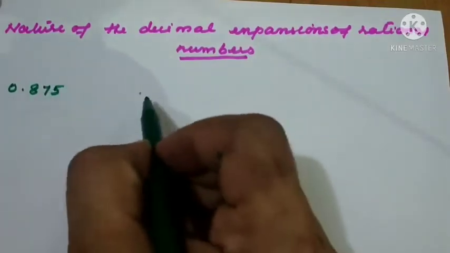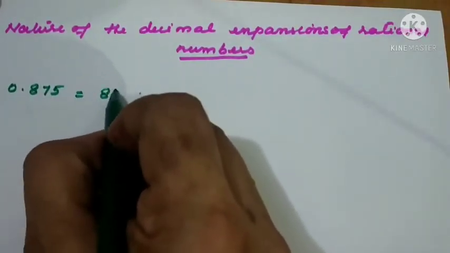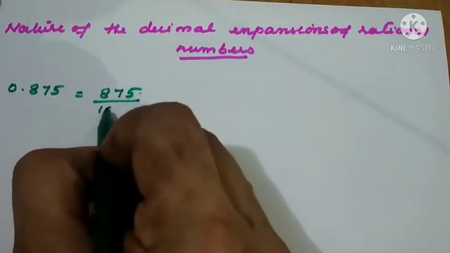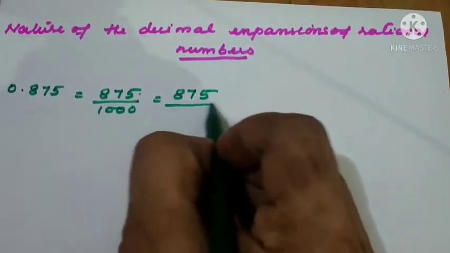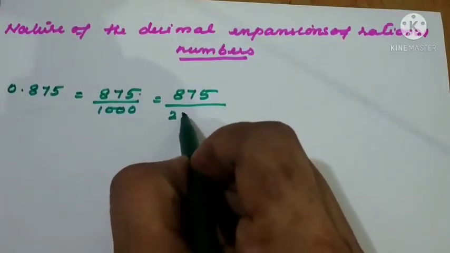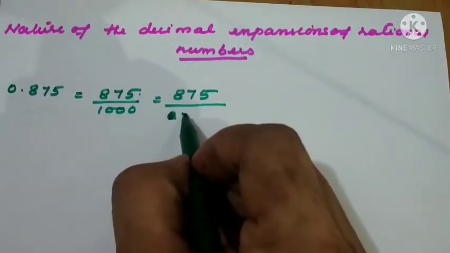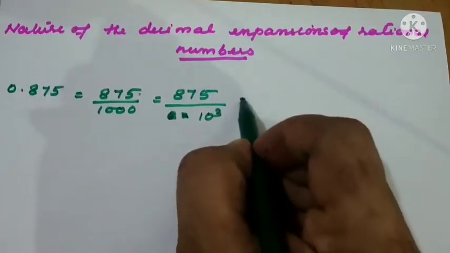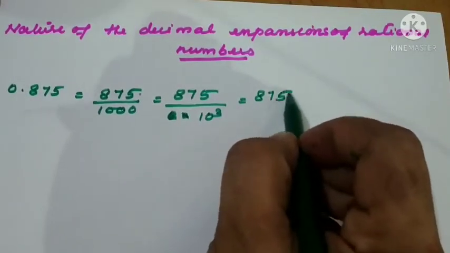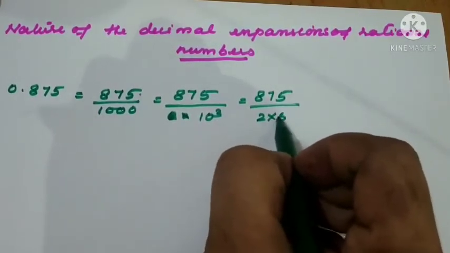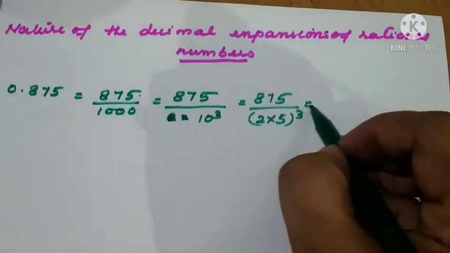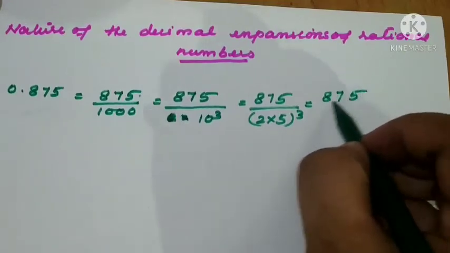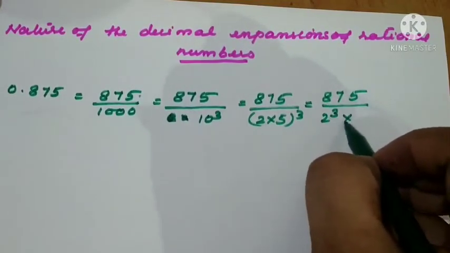0.875, which we can write as 875 by 1000. 875 by 1000 can be written as 10 cube. I will write first. 875 by 10 cube can be written as 2 into 5 whole raised to 3. Right? So it is equal to 875 divided by 2 cube into 5 cube.